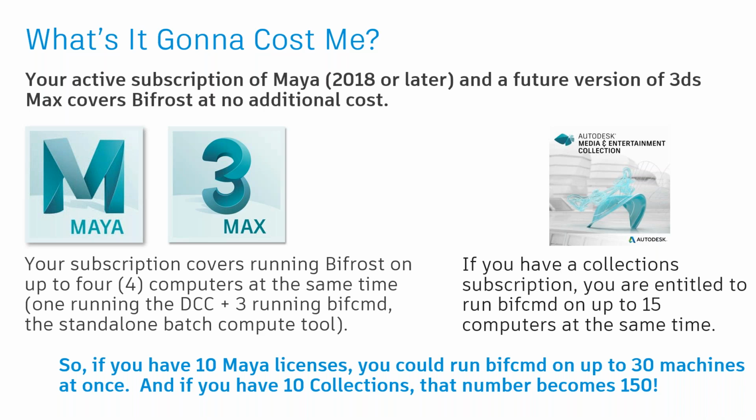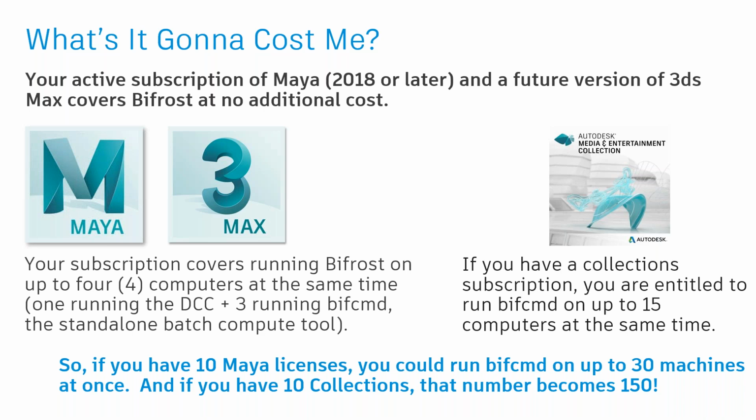No, it's not an additional cost, because Bifrost is embedded by default inside Maya for now, and in 3ds Max in the coming versions which will be released. It's been shipped with Maya 2019.1. But if you're using a version before Maya 2019.1, you can install the plugin and use it, which works from Maya 2018 and later.